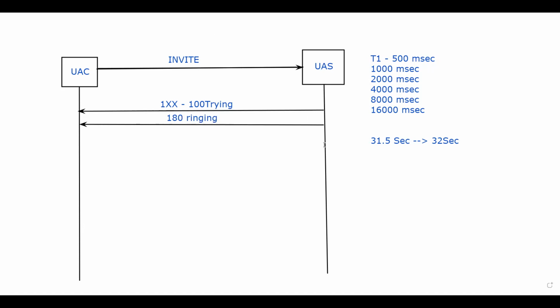After that, you will get a 200 OK, which is your final response. So 100 Trying and 180 Ringing are your provisional responses, and this 200 OK is your final response.